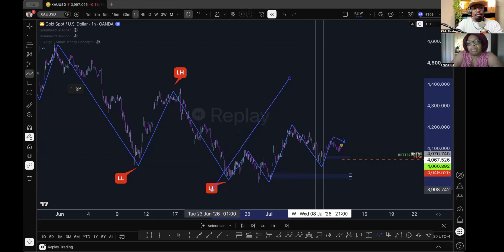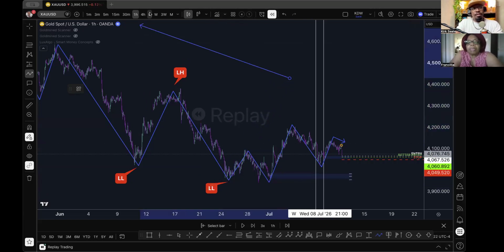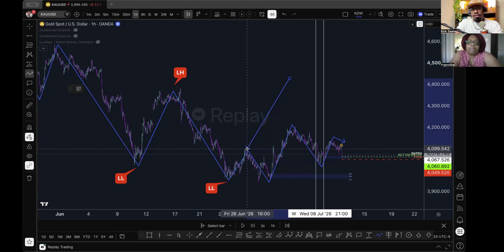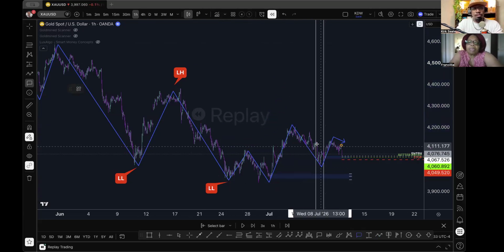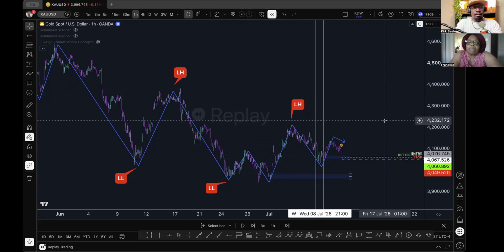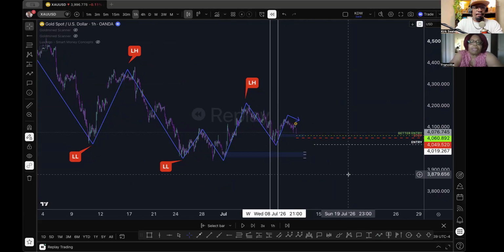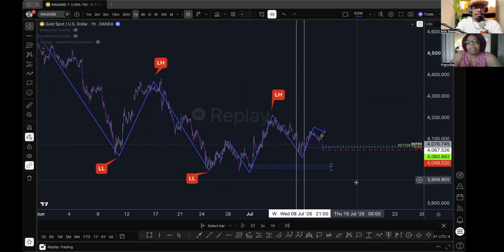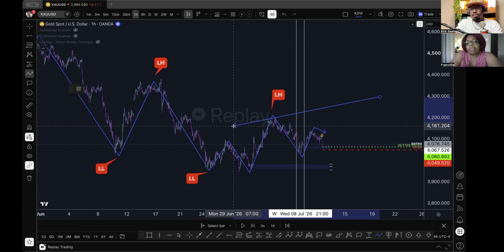So here, this is a lower low, but based on this time frame, I would call this a lower high as opposed to calling this a lower high. Just work with me for a second. So this is the lower high, and then we don't have anything else just yet.